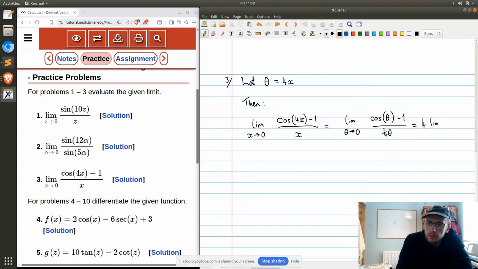Which is 4 times the limit as theta approaches 0 of cosine theta minus 1 over theta, which is 4 times 0, which is 0 itself, I believe.